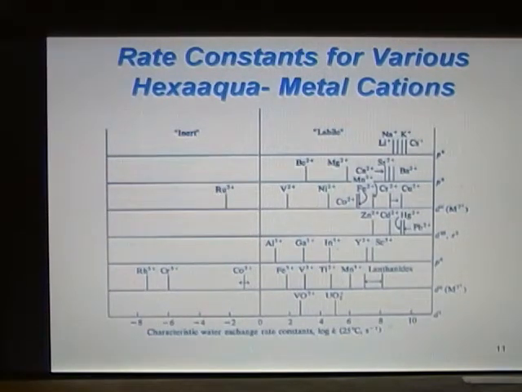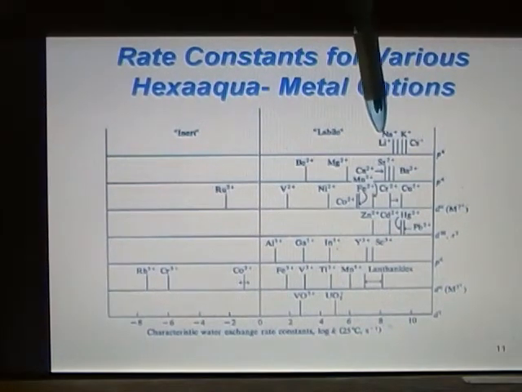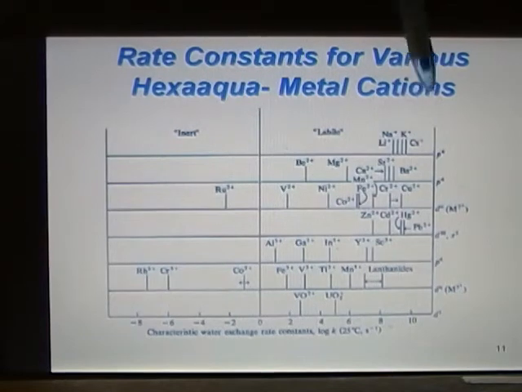First, let's look at metal cations that all have the same charge but different sizes. When we look at this group, these are the alkali metal cations: lithium, sodium, potassium, and cesium.